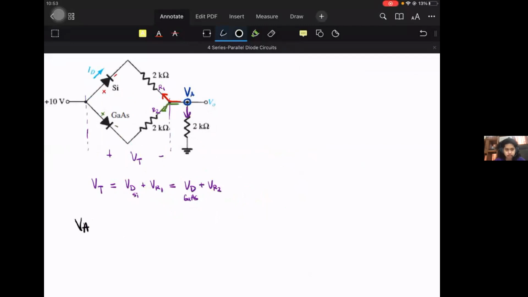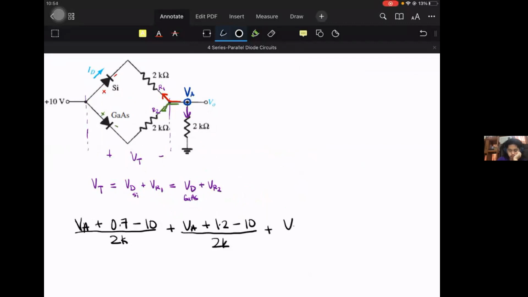So VA plus 0.7 minus 10 all over 2K, plus the next nodal equation, the same lagi upon VA but germanium man, so plus 1.2 minus 10 all over 2K, plus VA over 2K equal to 0.